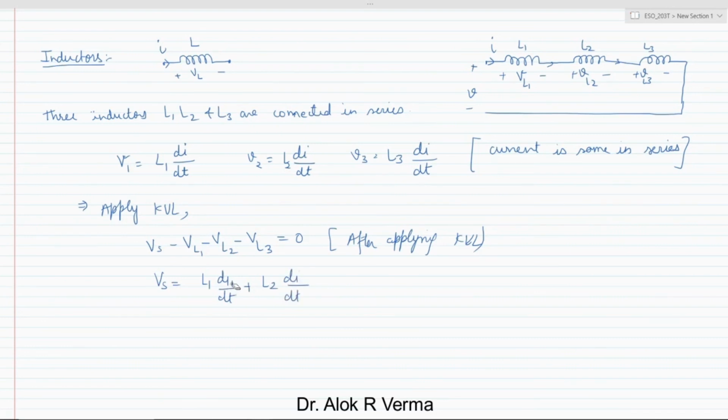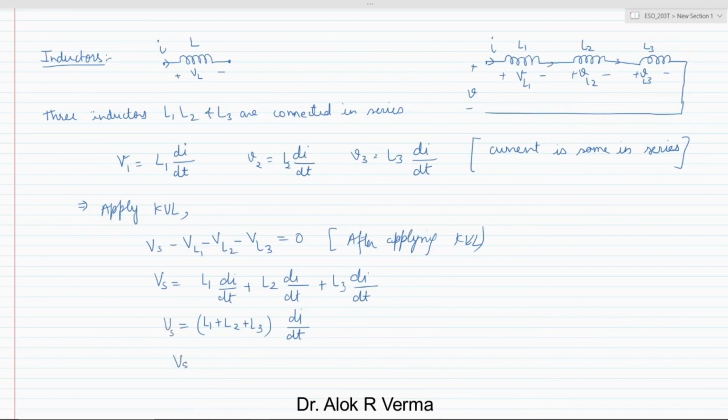I1 is nothing but the I only, so the current which is flowing through inductor 1 is nothing but the total current, plus L3 di by dt. So the di by dt is common in all, so this will be nothing but L1 plus L2 plus L3 times di by dt, it is Vs.